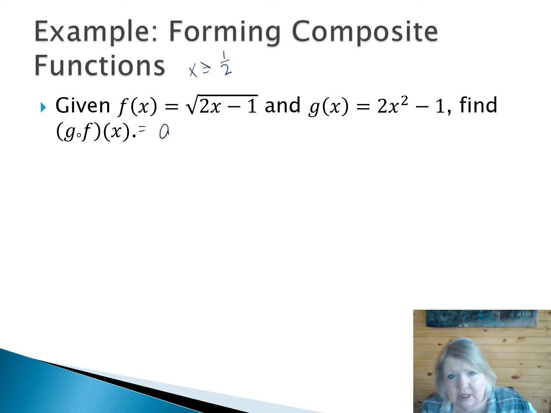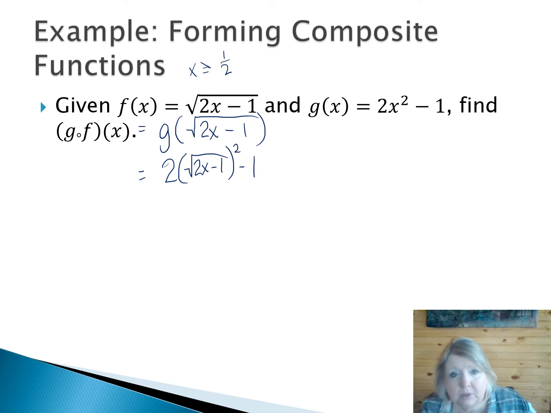So this is g of square root of 2x minus 1. Okay? So g was 2 times x squared minus 1, but my x is square root of 2x minus 1, squared.